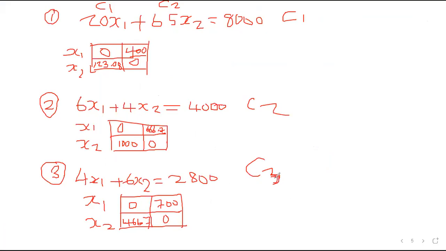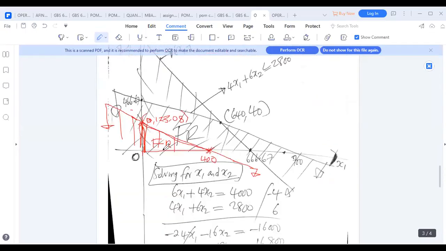The available hours, we had these ones for assembly. This is for the assembly constraint, and then the other one was for the machine hours. So this is how we are getting down to these constraints. And then from here, solving these ones, the feasible region is coming.